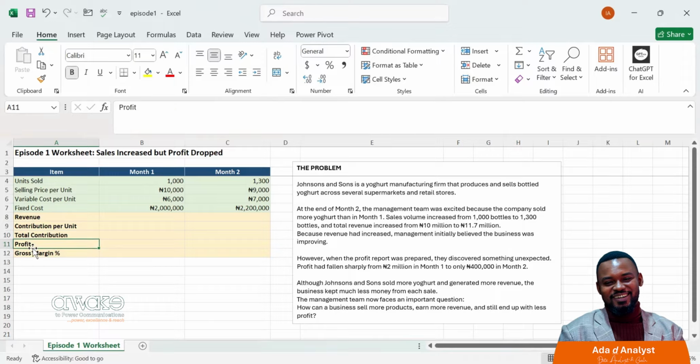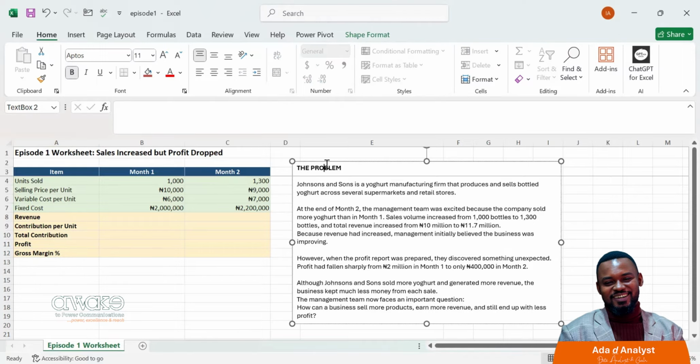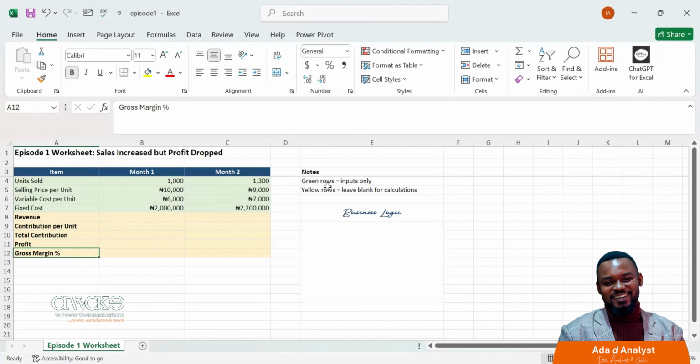The profit now is the money left after both direct cost and fixed cost have been removed. The gross margin, finally, is the percentage of revenue that the business keeps after paying the direct cost of the product. So let's begin our logic.